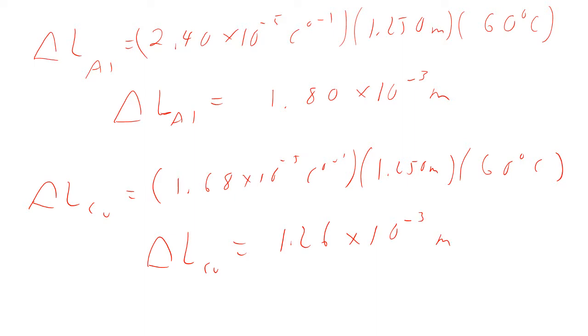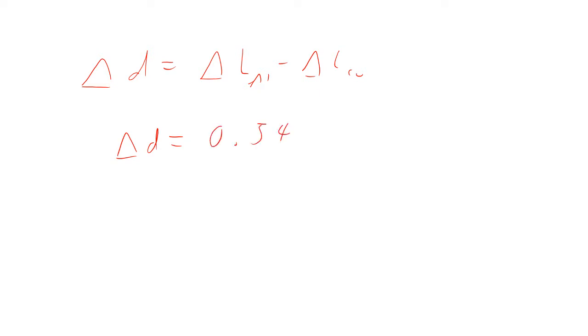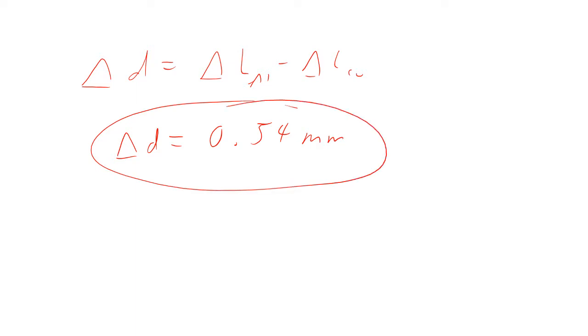So in other words, the aluminum rod expanded more than the copper rod. So the delta D is going to be the change in length of one of them minus the change in length of the other one. And so the delta D comes out to be 0.54 millimeters. So even though they're the same length to begin with, when they change temperature, they're a half millimeter different.